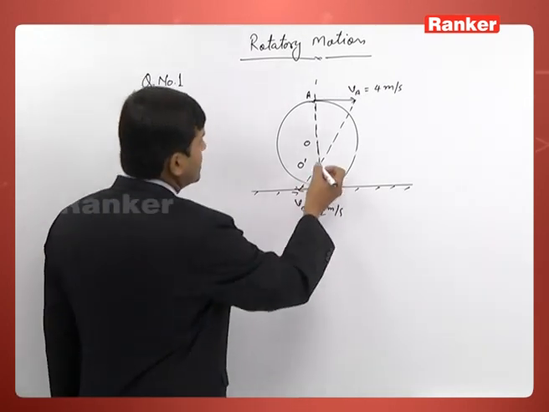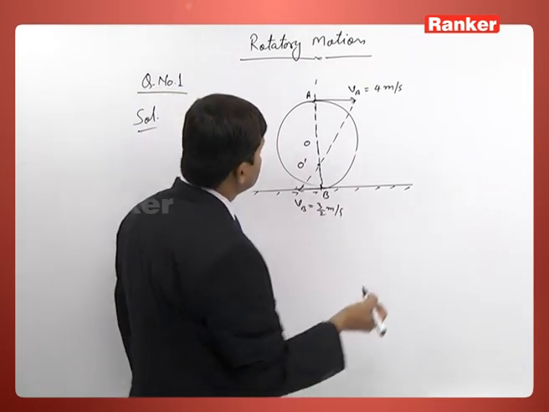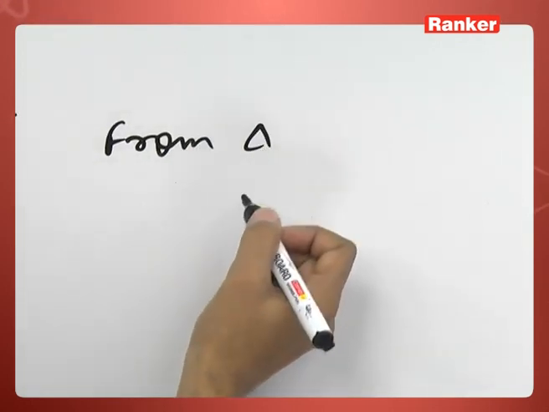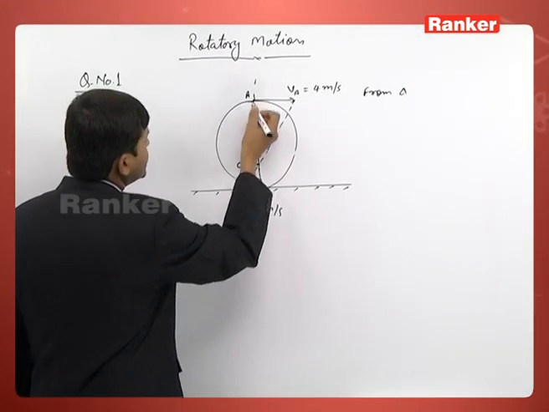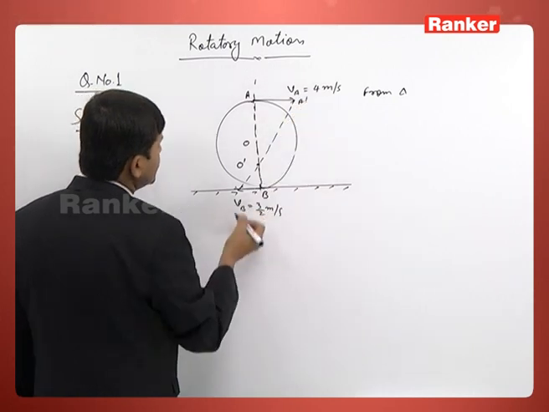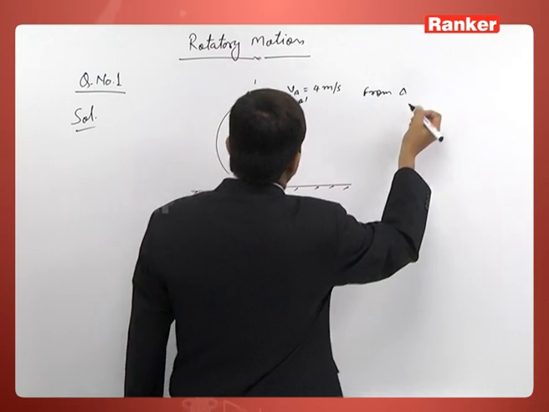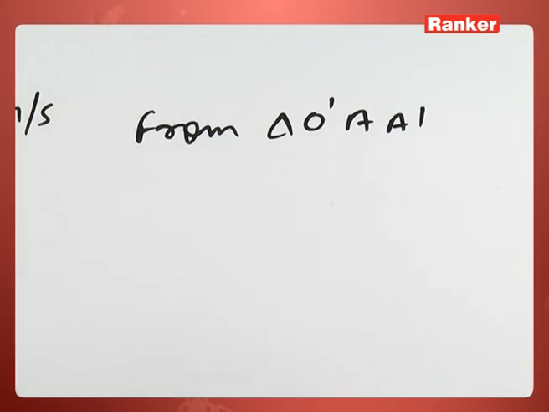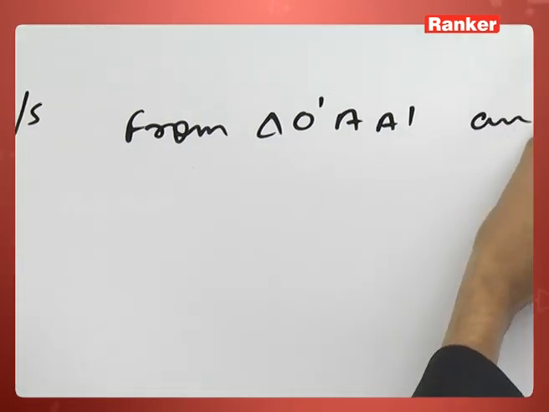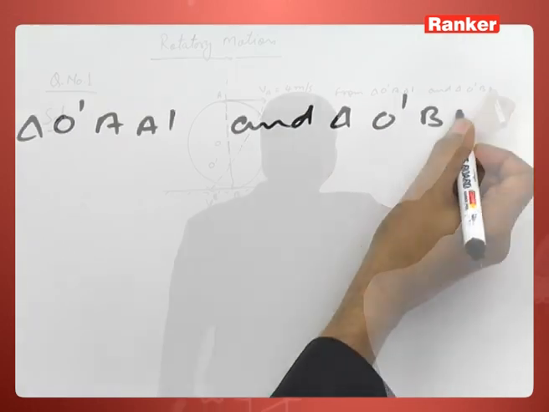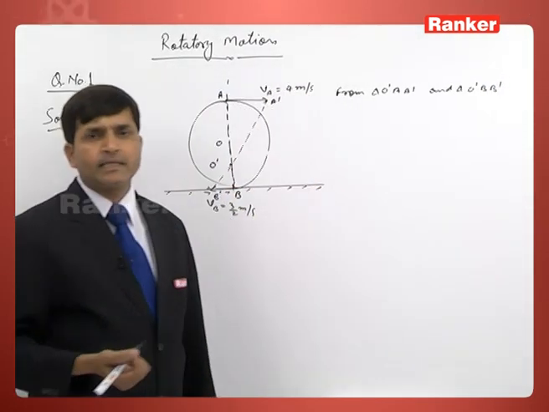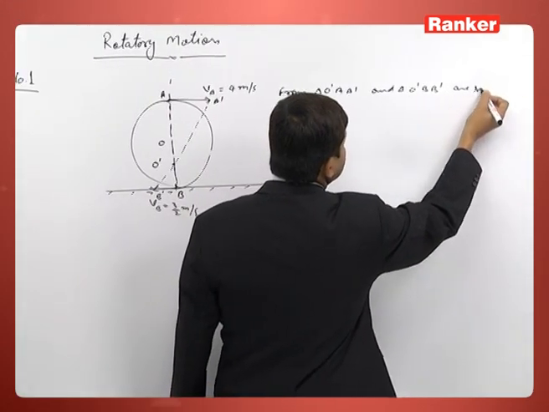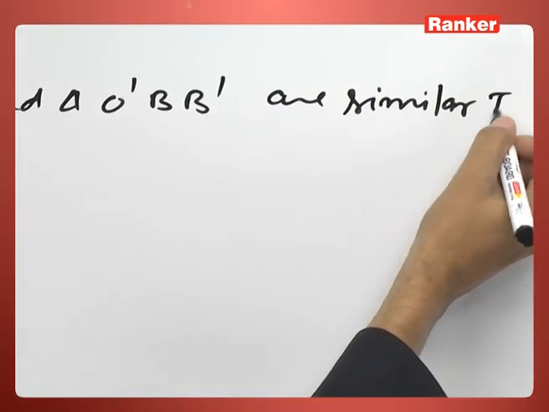See from these two triangles. Let this be O dash A, this point A dash, and this point B dash. Triangle O dash A dash and triangle O dash B dash are similar triangles.